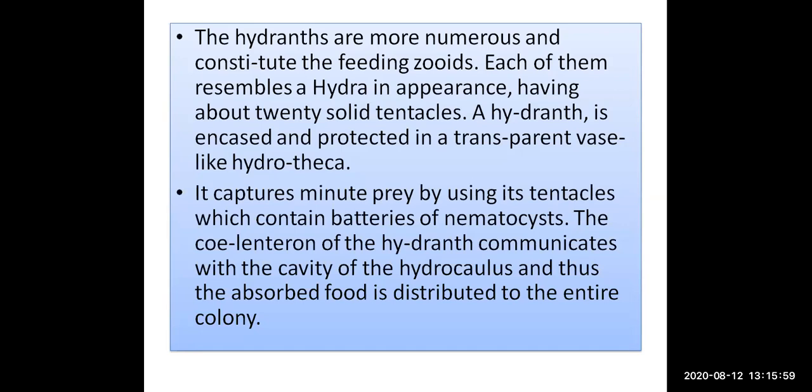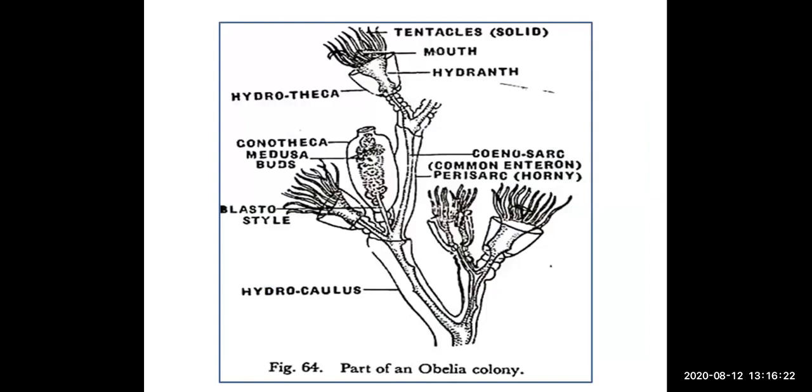It captures minute prey by using its tentacles, which contain batteries of nematocytes. The coelenteron of the hydranth communicates with that of the hydrocaulus, and thus the absorbed food is distributed to the entire colony.